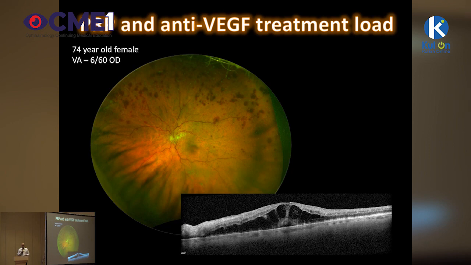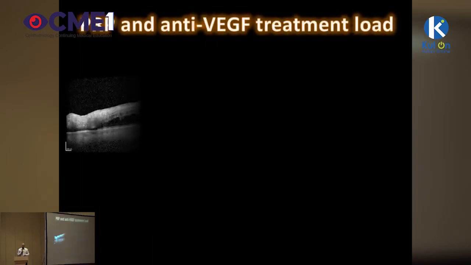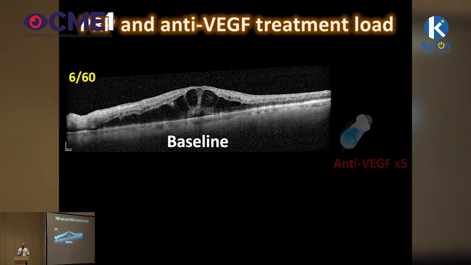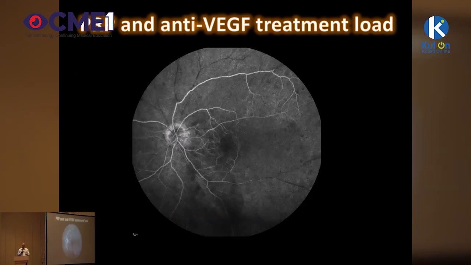So presented with a branch retinal vein occlusion, 6/60 vision with macular edema, and that's their fluorescein angiogram. 6/60 at baseline, gave them 5 injections and they're 6/60 still, even though the macula is completely dry on OCT.